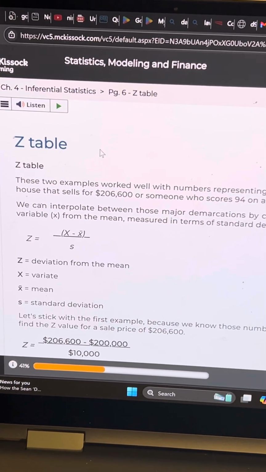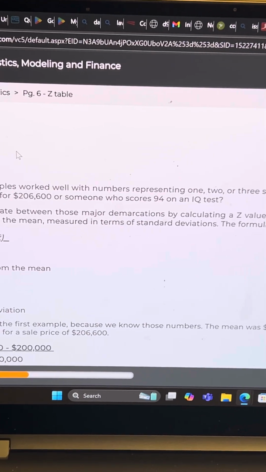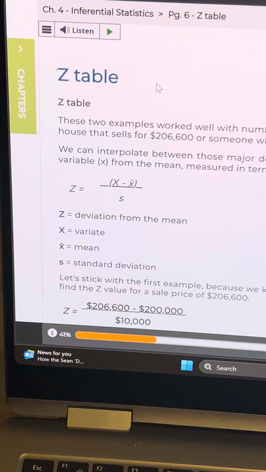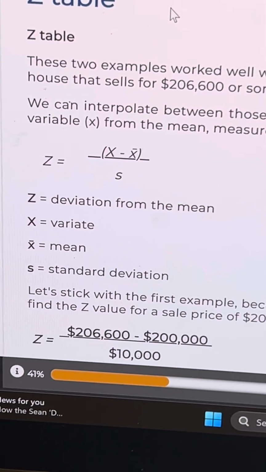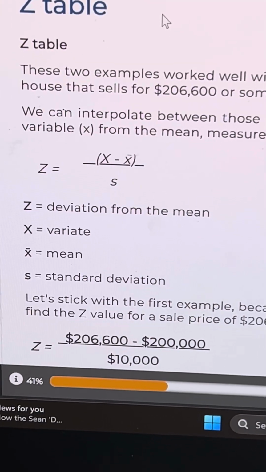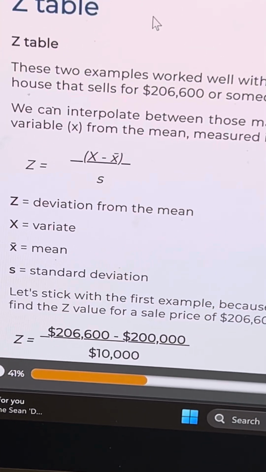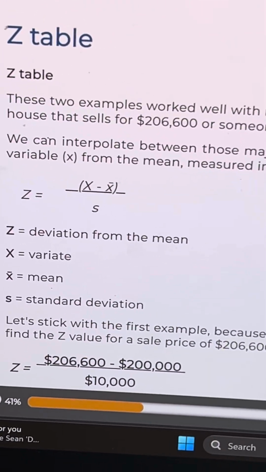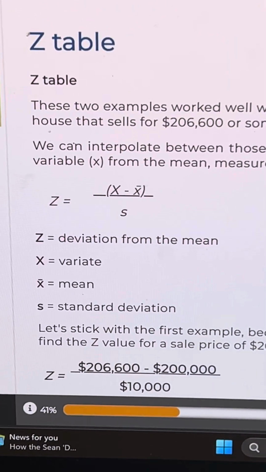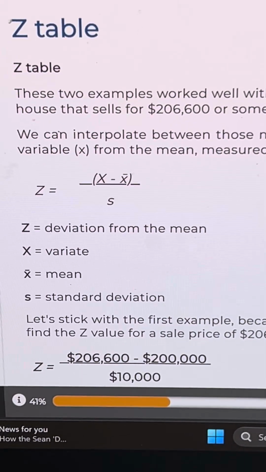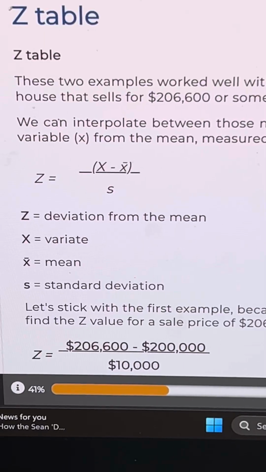Z is the deviation of any variable, x, from the mean, measured in terms of standard deviations. The formula is z, which means the deviation from the mean, equals x, which means the variate, minus x-bar, the little x with a line on top, which means the mean, divided by the standard deviation, s.